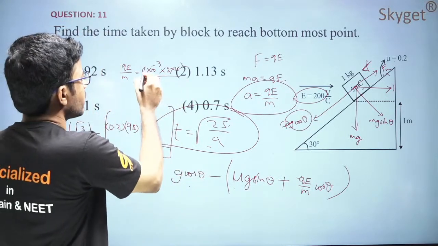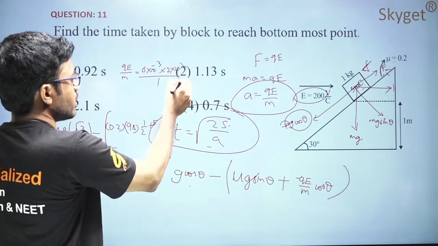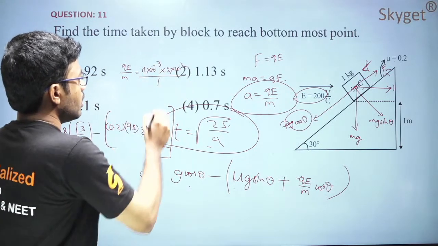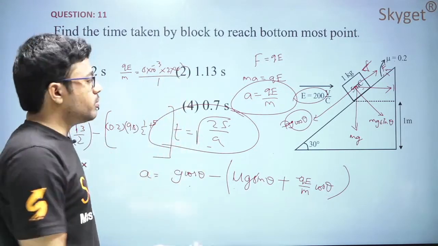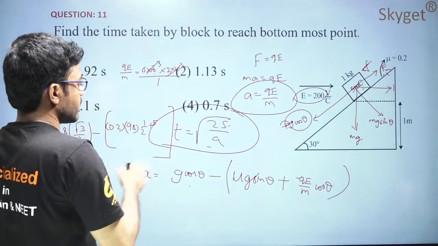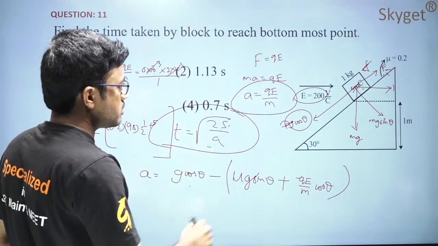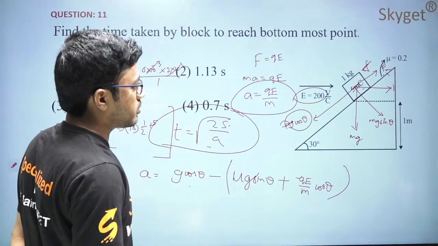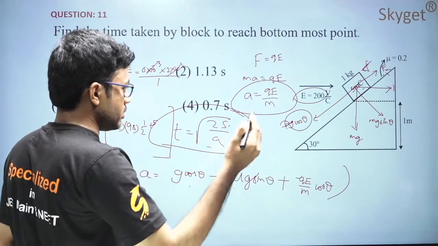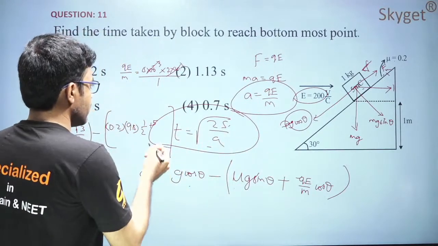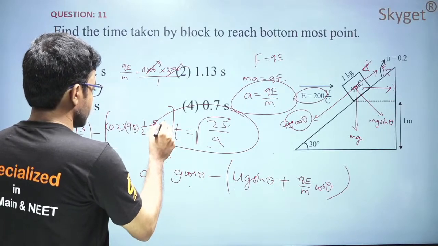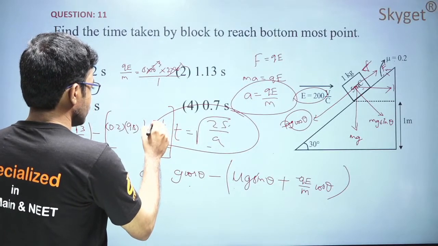So 5 into 2 is 10, 10 into 10 square is 10 cube, and 10 cube into 10 to the power minus 3, everything gets cancelled and remains 1, but there is the angular projection, so it becomes 1 by 2.